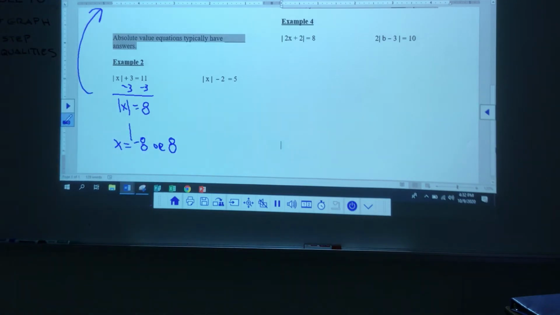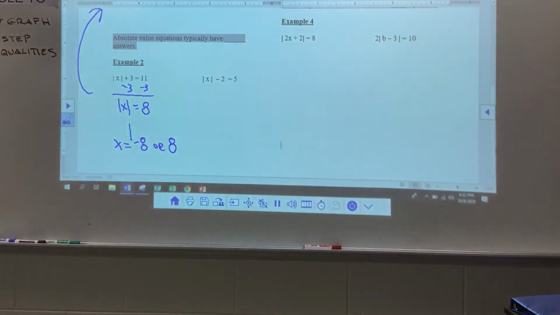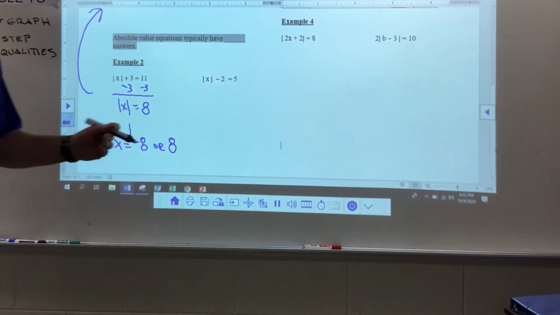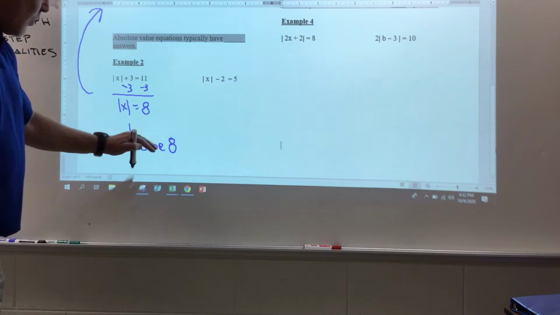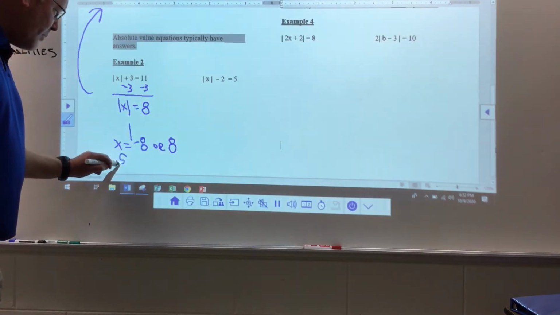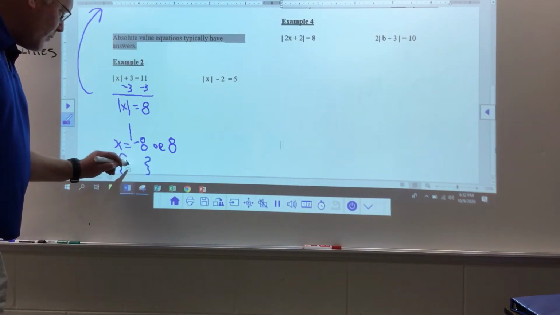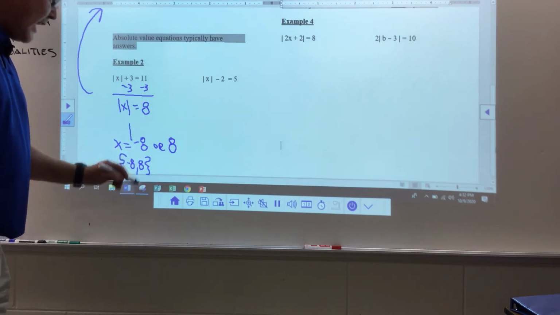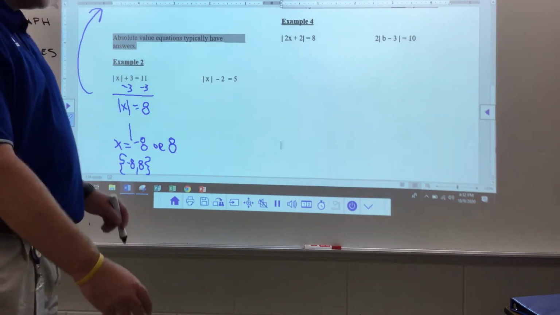Now, that's one way you can write the answer. They could also put it as a solution set where they put -8 in there and also 8. Sometimes you see the answers written that way as a solution set.